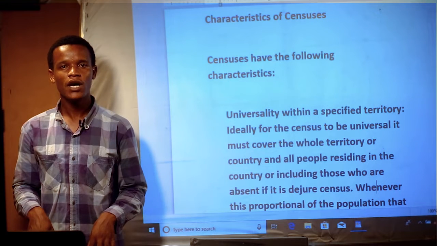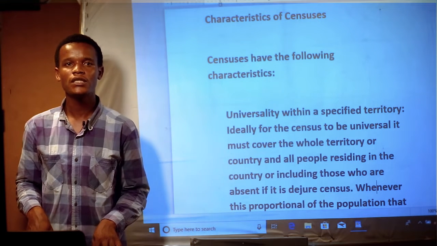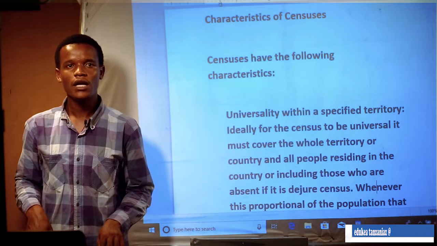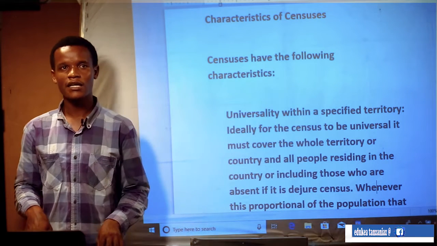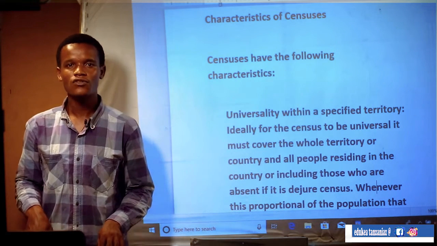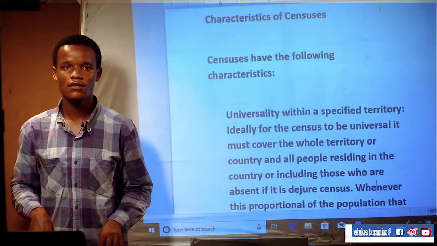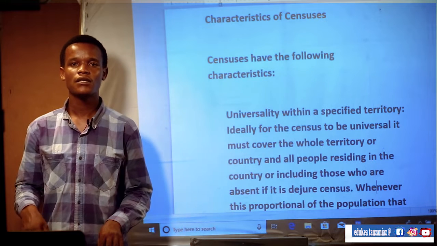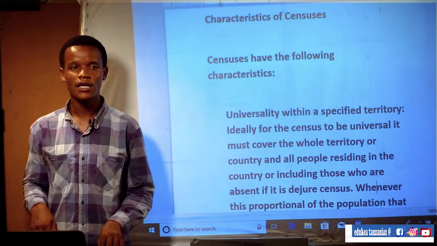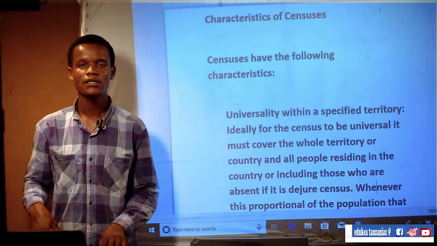No place should be left behind. All areas, for example in Tanzania, all regions should be covered. That is why we say census is universal: it passes through all territories of a certain country.